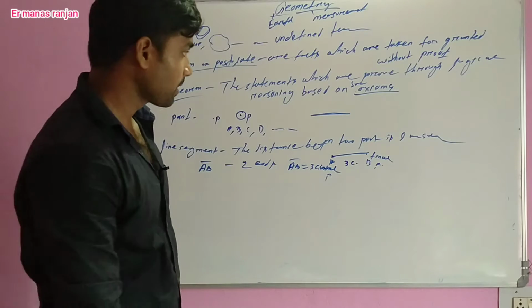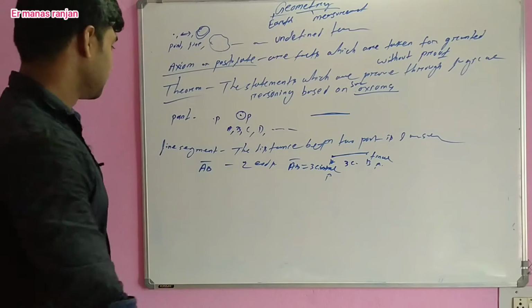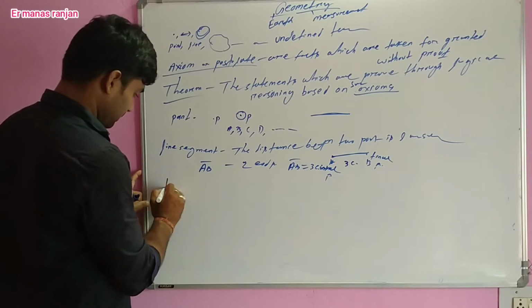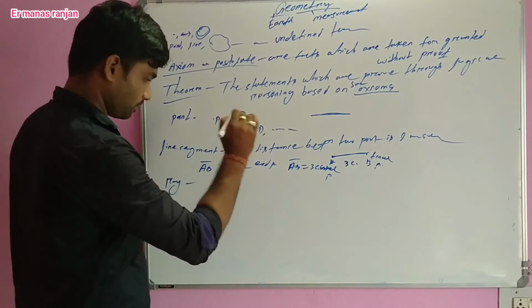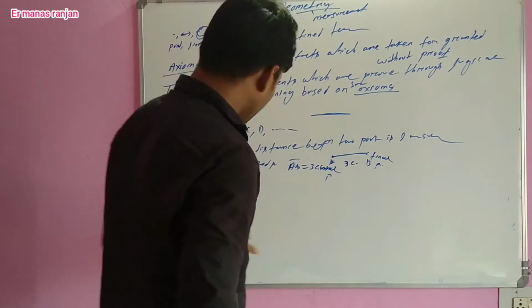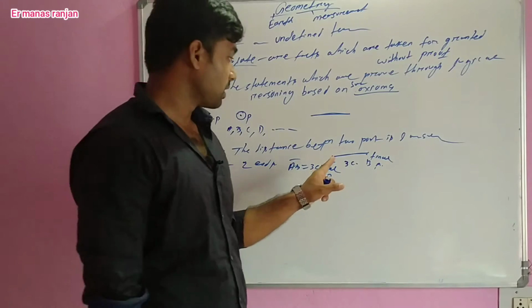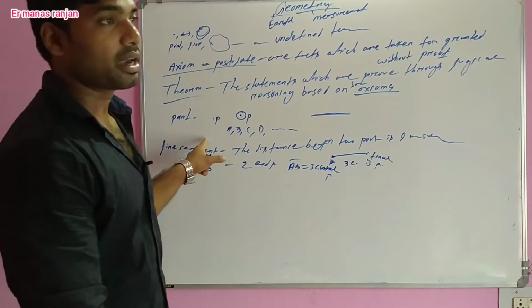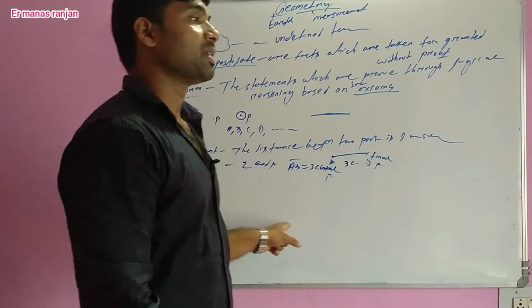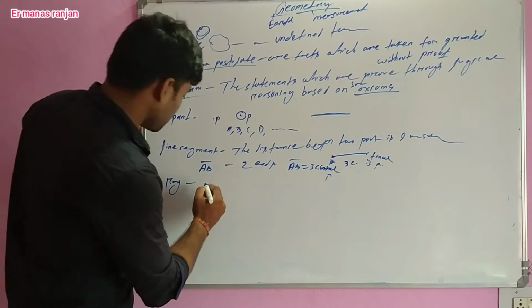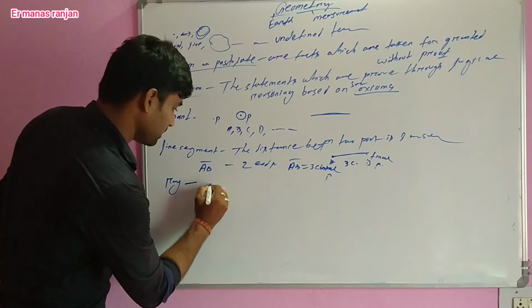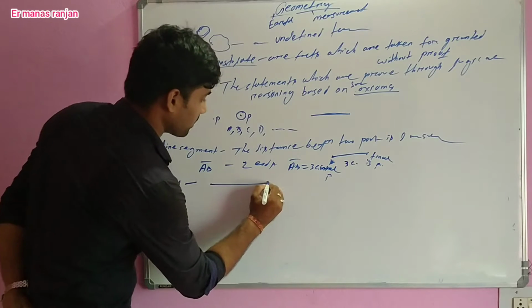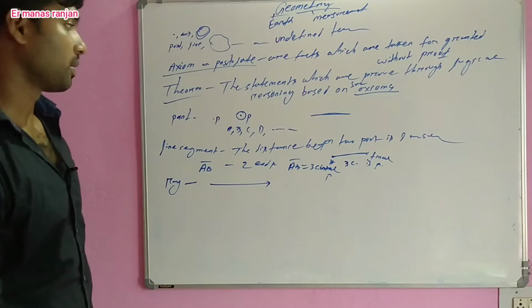Then what is a ray? A ray is also a combination of points, like line segments and lines. Here it has only one point, the initial point, and no final point.